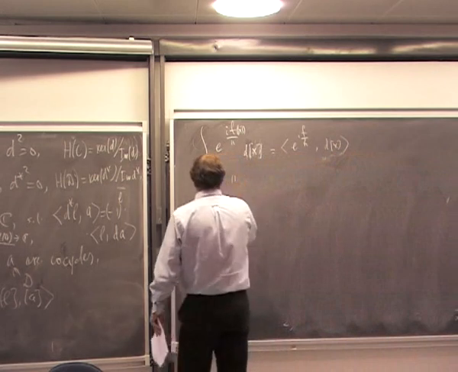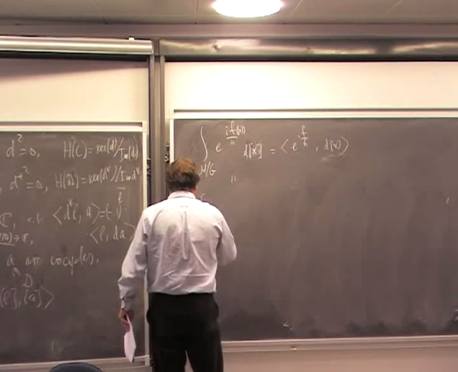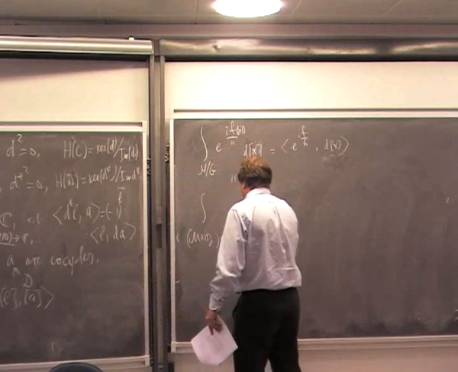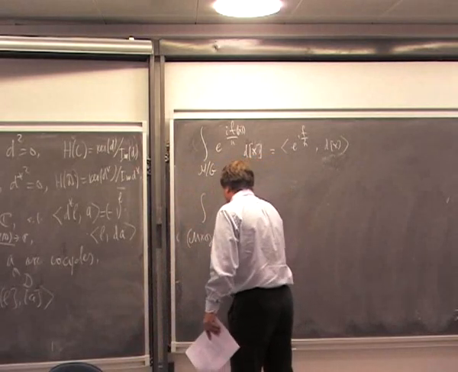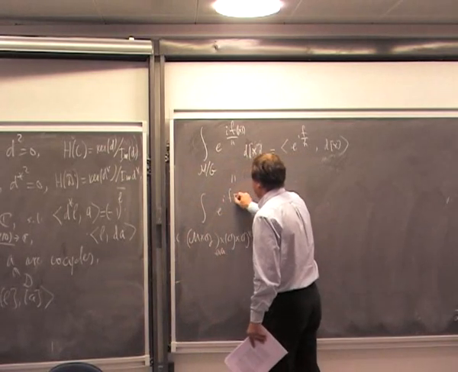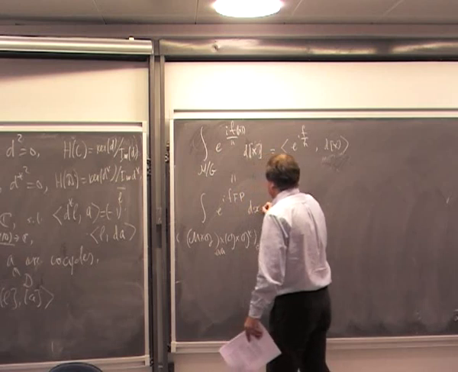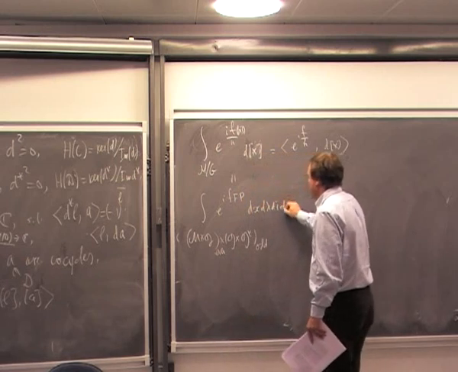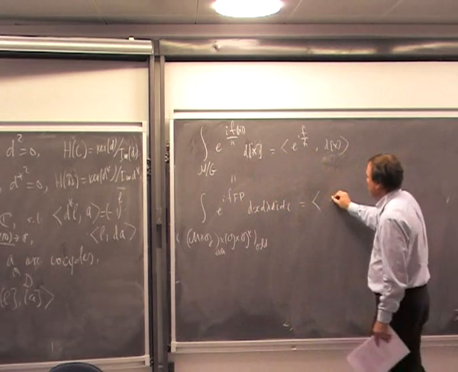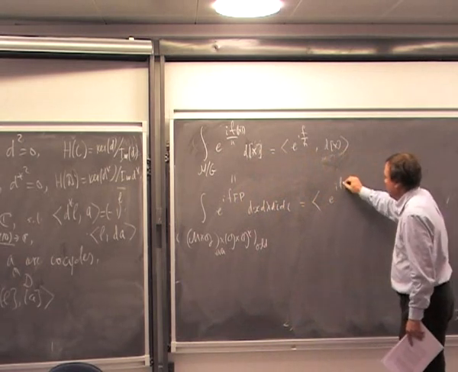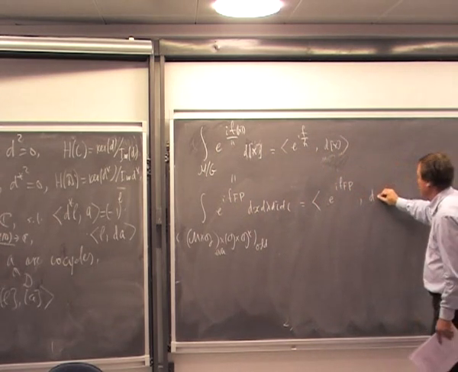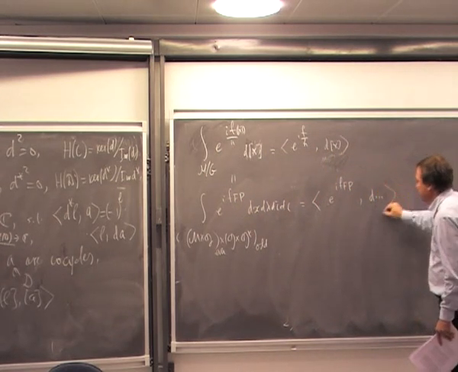So the statement is that this is equal to the integral over this space, even order, e to the i f p dx d lambda dc bar dc. So this is the pairing between representatives of whatever.